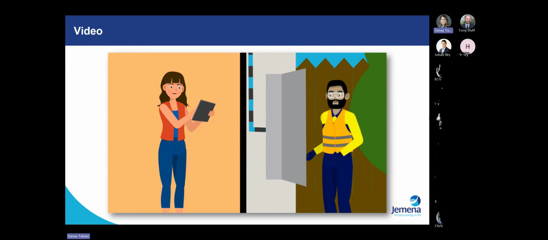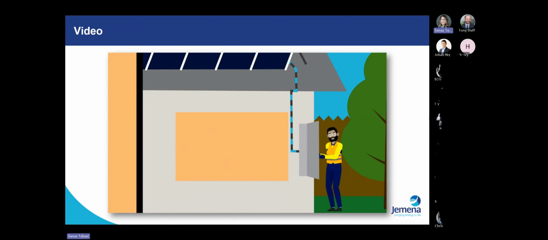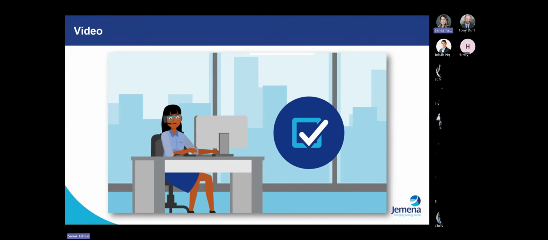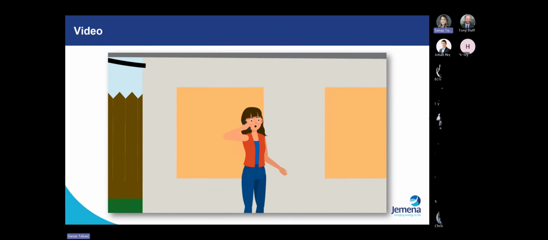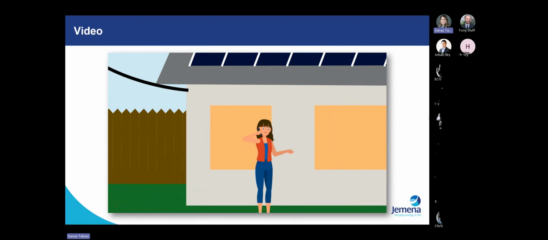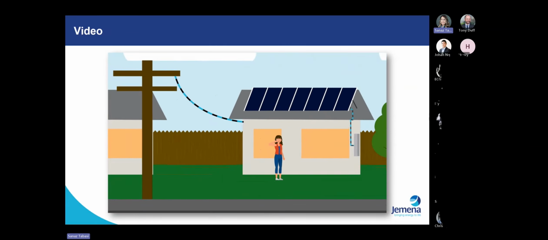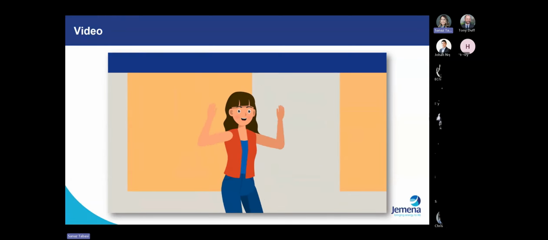Next, select an accredited installer who can guide you further. Your installer will work with the inverter manufacturer and Gemina to install your new system. Once testing is complete and the system has been set up on Gemina's network, you're almost there. The final step is contacting your chosen retailer. Your retailer will ensure your system can export any excess solar you generate back into the electricity grid. You're now good to go.